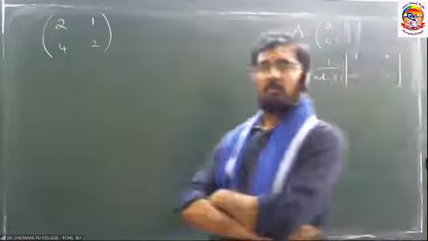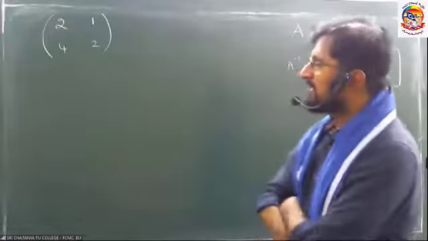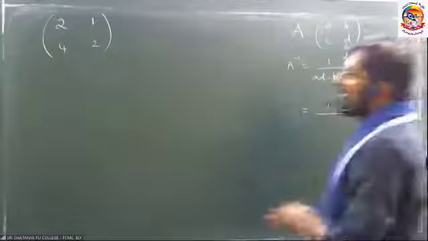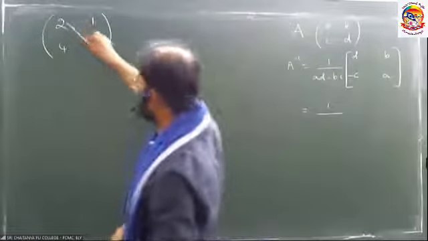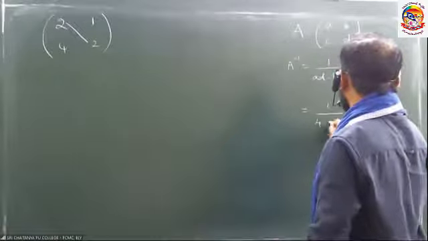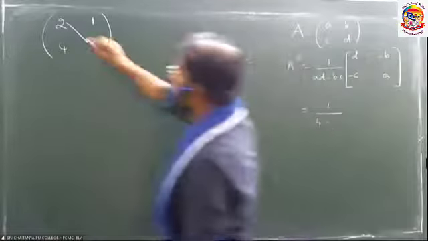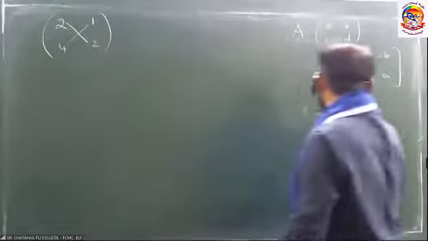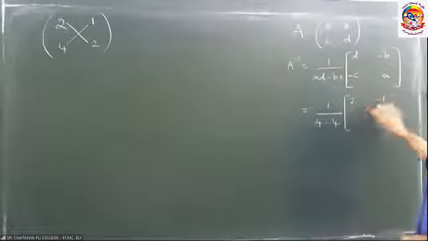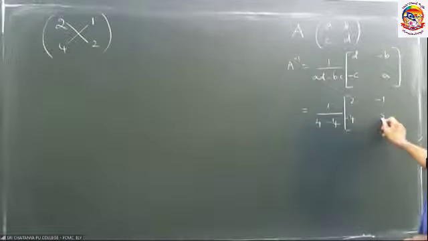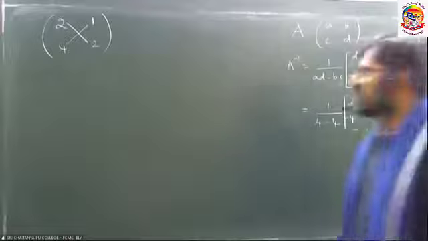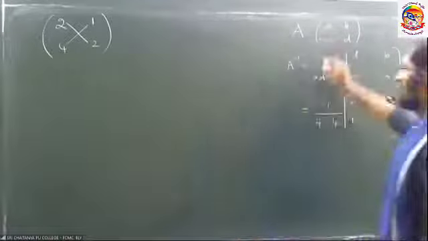Now, by seeing the problem itself, just observe: 1 by, what is ad value? 2 2s are 4, minus bc value is equal to 4, into [[d, minus b], [minus c, a]]. So you are going to get this if you use this formula.